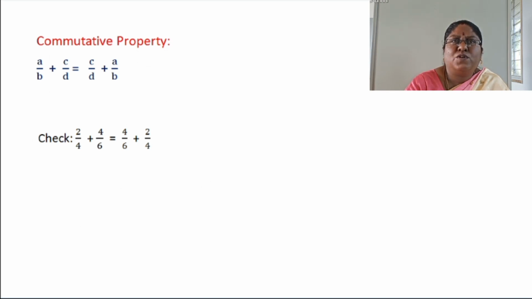Commutative property. I have already explained this in the previous session. What is that? 2 numbers will be there. Suppose I take an example: 2 persons are there, this is the first person, this is the second person, and I am adding the 2, like both are working together.